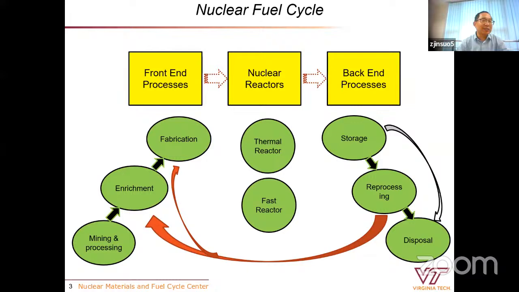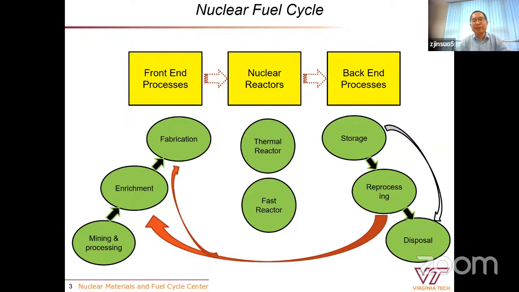It separates the isotope uranium-235 from uranium-238, so you get one stream that has higher uranium-235. After that, you need to fabricate your fuel. After the fuel is fabricated, you put it into the nuclear reactor, then you produce energy, right?